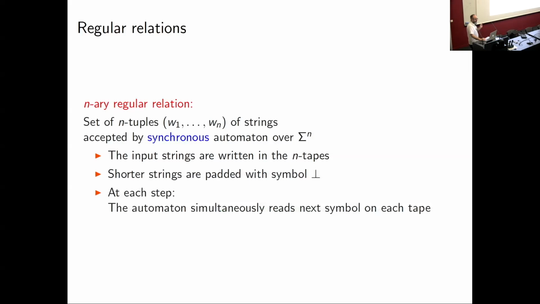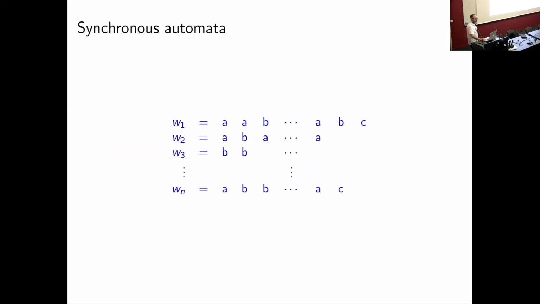So the input strings are written on n tapes. Shorter strings are padded with a symbol bottom, and at each step, the automaton simultaneously reads the next symbol on each tape. Imagine that we have n words, W1, W2, W3, Wn. They are written horizontally. Some strings are shorter than others, so we pad them with this extra symbol, and then our automaton starts reading from left to right.